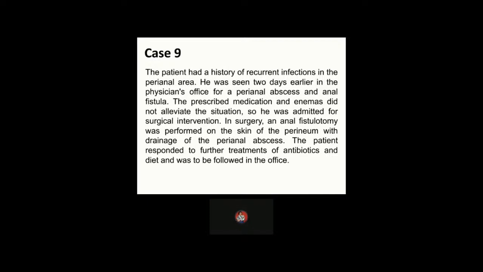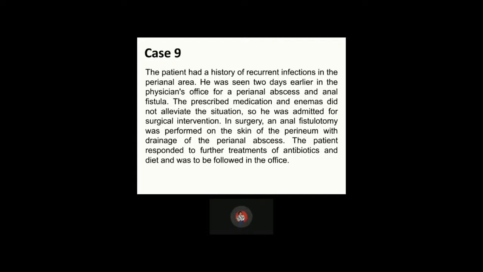But I let the cat out of the bag, because the other root operation that we need to code is the drainage. Drainage in this particular case has a separate and distinct objective. As such, we can code it separately. So we have the division of the perineum, and then we have the drainage of the abscess.